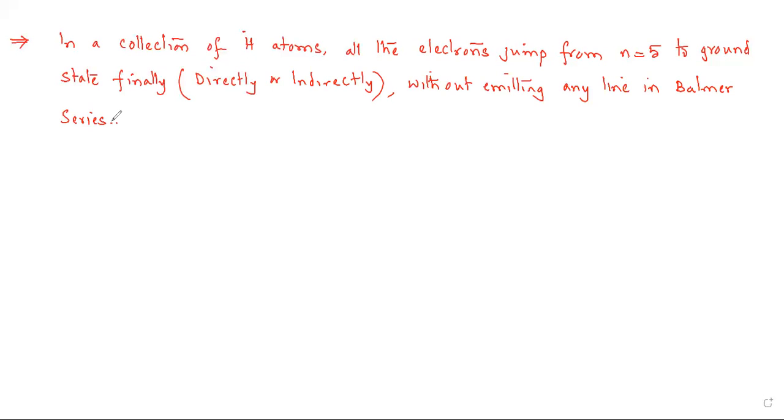So nothing goes into second orbit. Nothing goes away from or out of the second orbit. So whatever comes to second orbit or whatever goes down from the second orbit are prohibited, are omitted. Let us see.